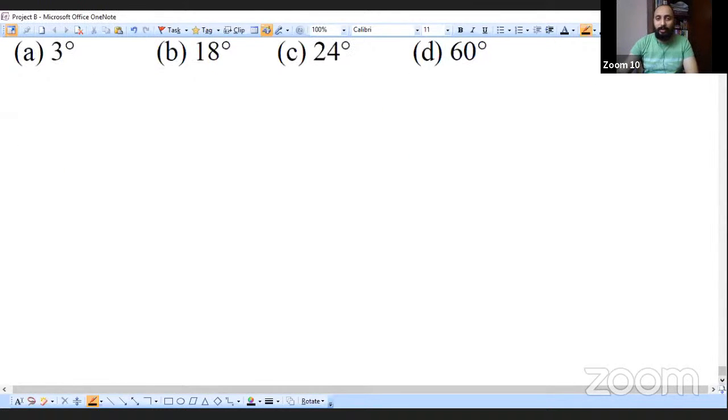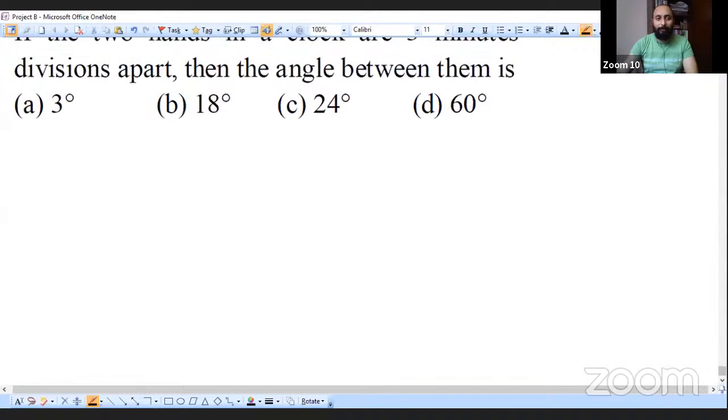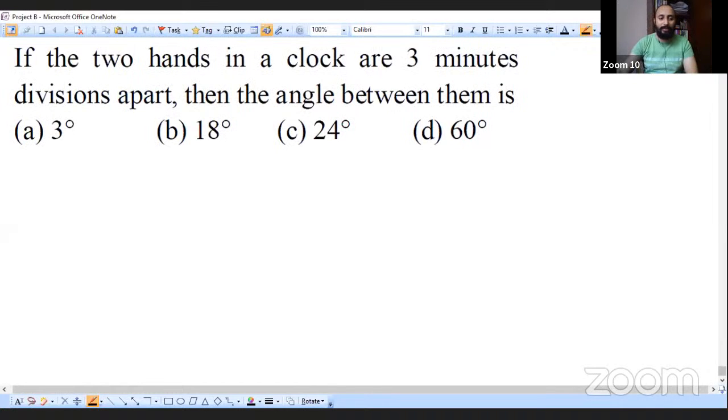So what is the thing is, you need to understand a few things here. Let me remind you once again. 1 hour, that is 5 minutes, will cover how much? 30 degree. Yes or no? Per 1 minute, how much will it cover? No, 6 degree it will cover. Remember, it is 6 degree for 1 minute.